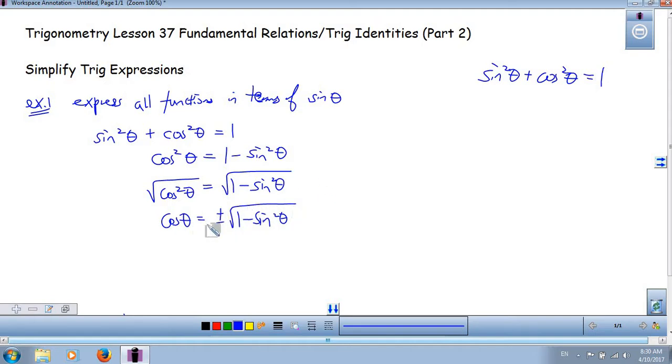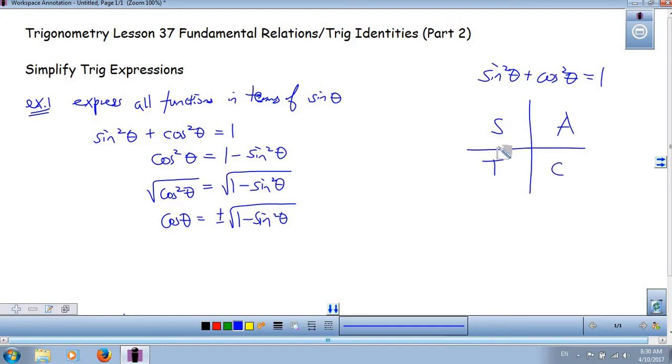Now, where does the plus and minus come from? Well, it comes from taking the square root, because we always have two roots when we take a square root. But it is also there because of the signs. Remember the signs for each quadrant, the acronym ASTC.